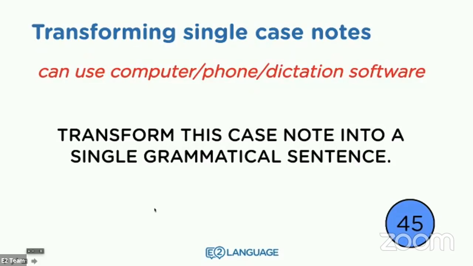I'm going to give you a few good examples, but first of all, you have 45 seconds to transform this into a grammatical sentence. Cool. All right. How did you go?